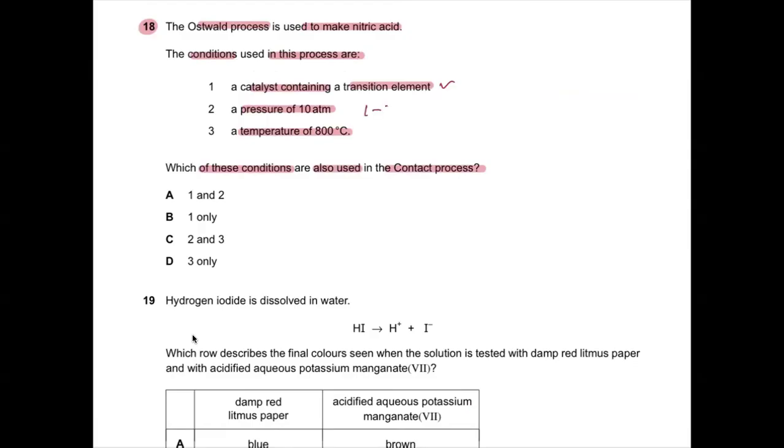The pressure we use is 2 atm, and the temperature is around 450 degrees Celsius. So the second and third statements are not used for the contact process, only the first. So A, C, and D go wrong, and B is the correct answer. I hope till here it's clear to all of you.